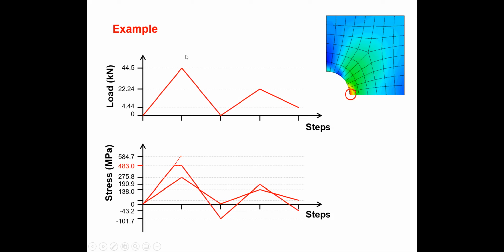You are asking what is the maximum preload value, isn't it? Yes, if you reach the local area stress value here, that is the maximum load. You can calculate it. If you want to find out the maximum load value, what you need to do is substitute the stress as 483 in this equation.